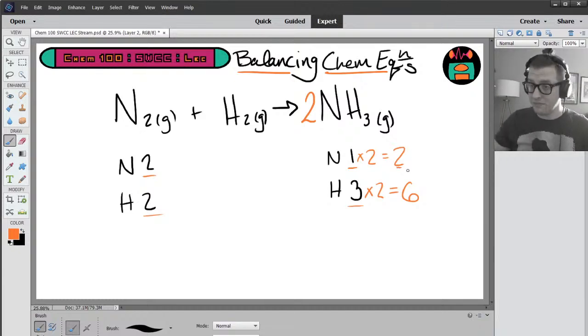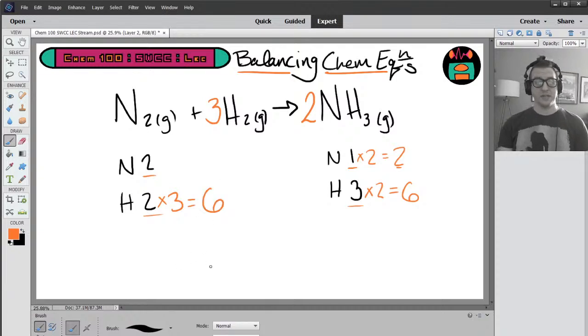Hydrogen still isn't, but it wasn't to begin with, so it's not worrisome. We've got 2 hydrogen atoms on our reactant side, 6 on our product side. We can balance this reaction if we multiply H2 by 3. Now that we have 3 molecules of hydrogen, we have a total of 6 hydrogen atoms on the reactant side, and that is the balanced chemical equation.